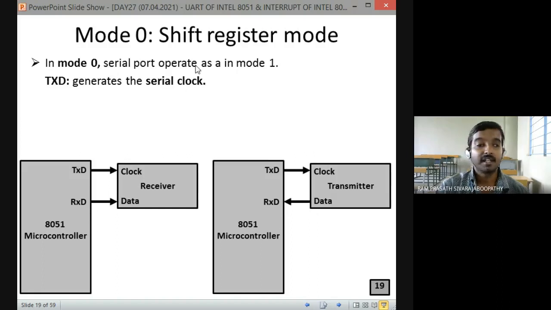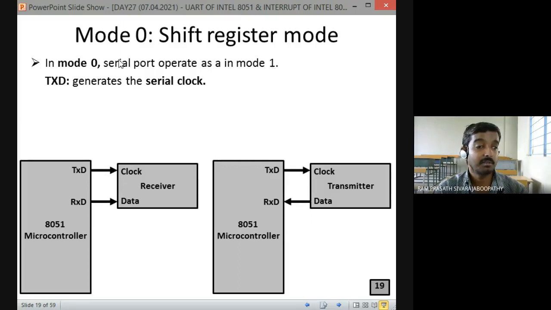In the case of mode 0, for each TXD clock generated, you will transmit 1 bit of data. To transmit 8 bits of data, it needs to generate 8 clock pulses. So automatically TXD pin la clock generate aga arambichirum when you configure the serial port in mode 0.